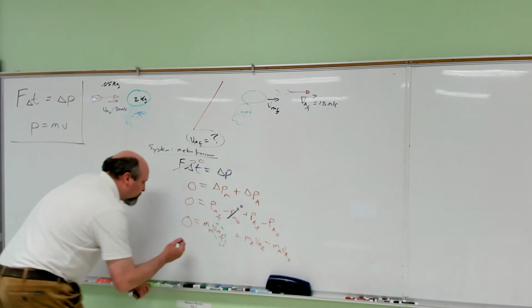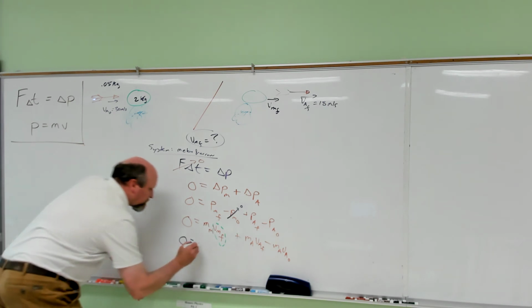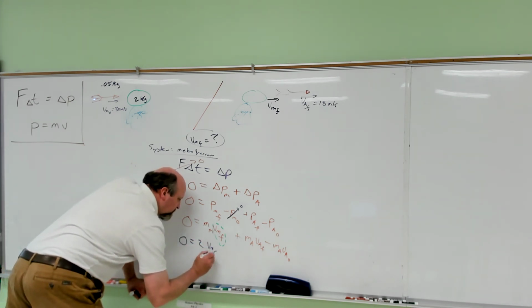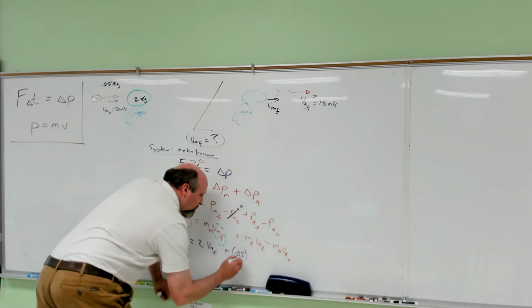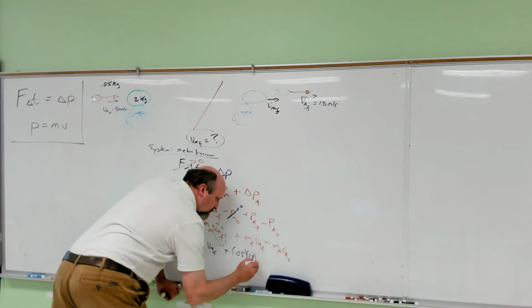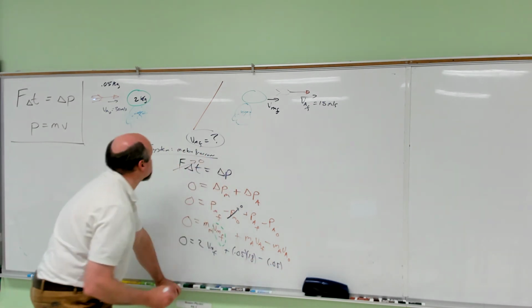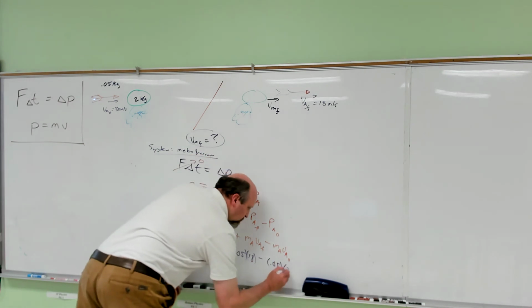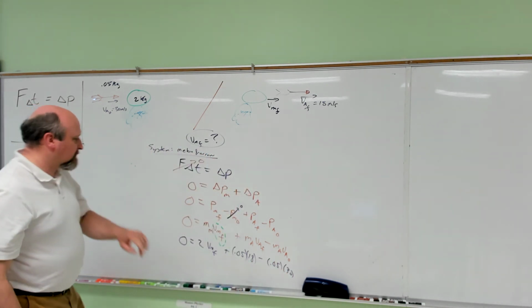So if I go ahead and put in my values, what do we got here? Mass of the melon, that was 2 kilograms. 2 times V melon final plus the arrow, 0.05 times the velocity at the end, 18, minus mass of the arrow, 0.05 times the velocity of the arrow at the start, 30. Okay, let's see here.